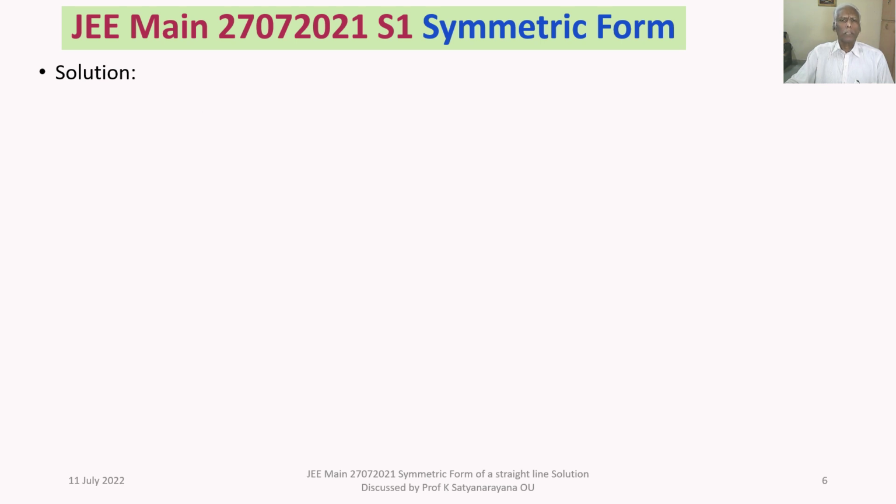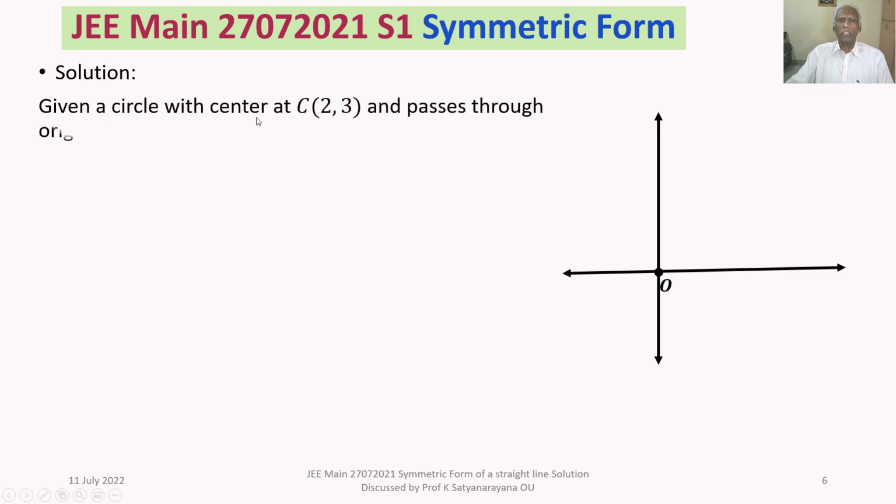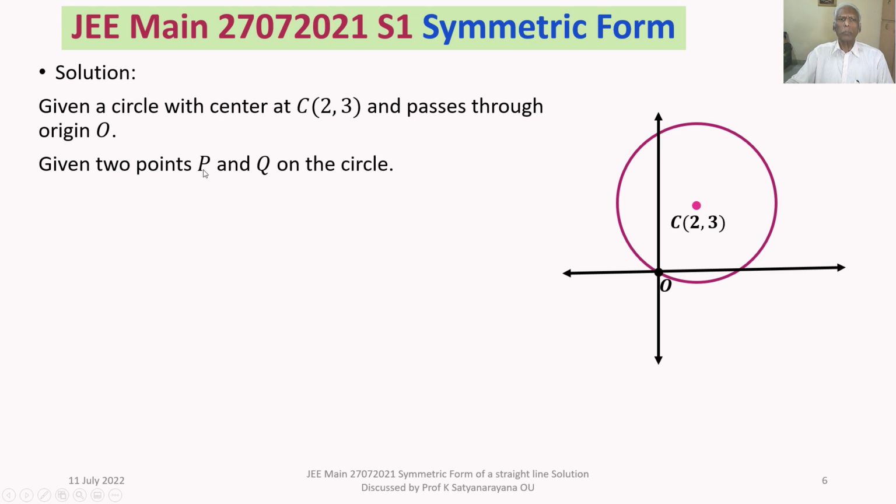Let's draw the diagram. We have the x-axis, y-axis and the origin O with coordinates (0, 0). Given a circle with the center at C with coordinates (2, 3) that passes through the origin O. Given two distinct points P and Q on the circle.